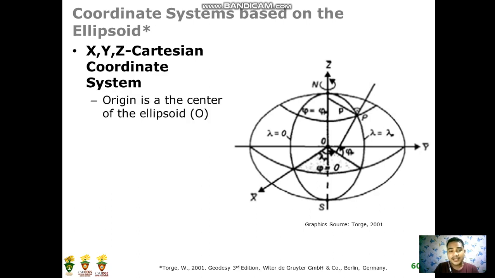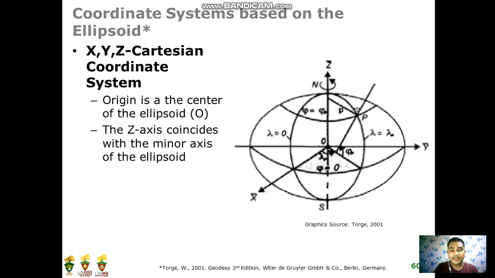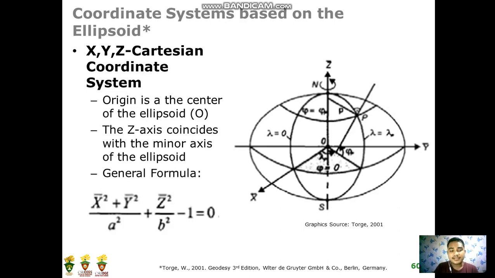The origin of this system is the center of the ellipsoid, the middle. The z-axis coincides with the minor axis of the ellipsoid, or b. The general formula is x squared plus y squared over semi-major axis squared, plus z squared over semi-minor axis squared, minus 1 is equal to 0. So that is the general formula.